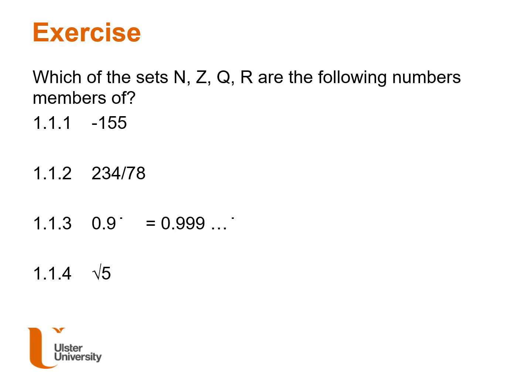Exercise: which of the sets in N, Z, Q, R are the following numbers members of? First of all, we have -155, which is an element of the rational numbers, integers, and real numbers.